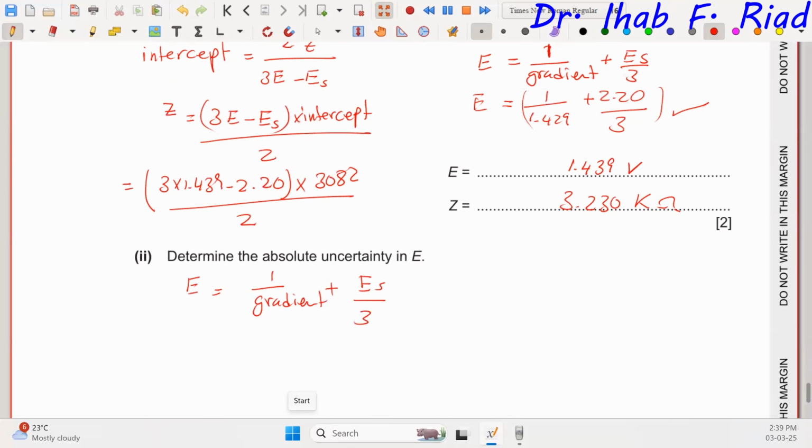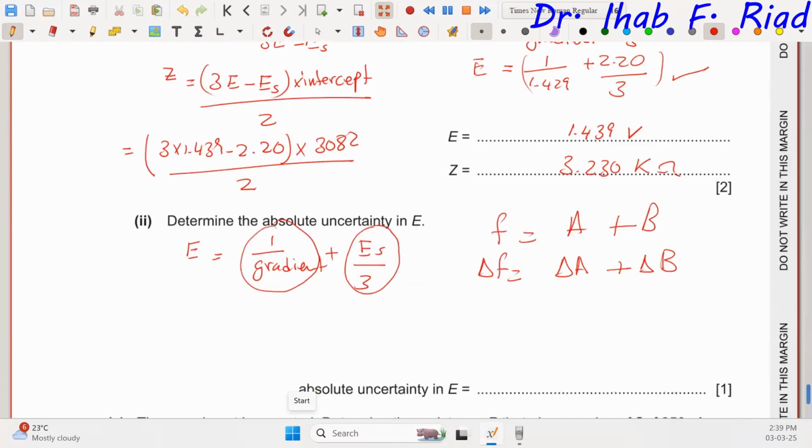So if we have a function which is A plus B, what is delta F? Delta A plus delta B. Yes. So we do this one alone, independent, and this independent, then we add them, right?